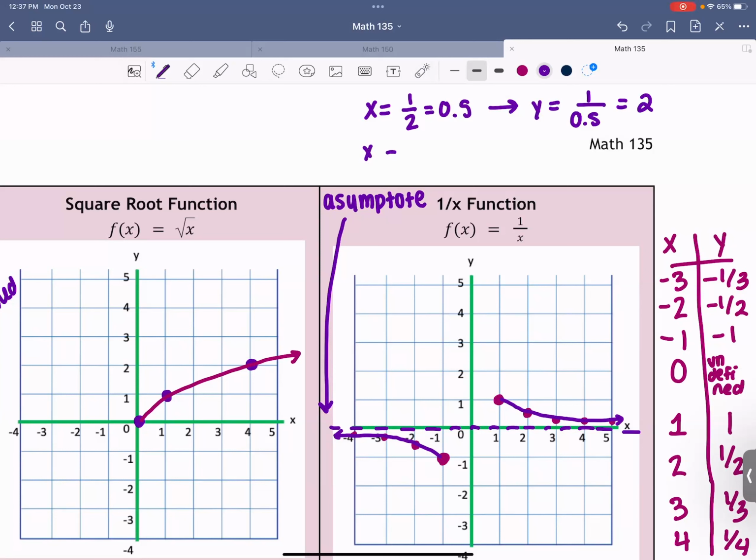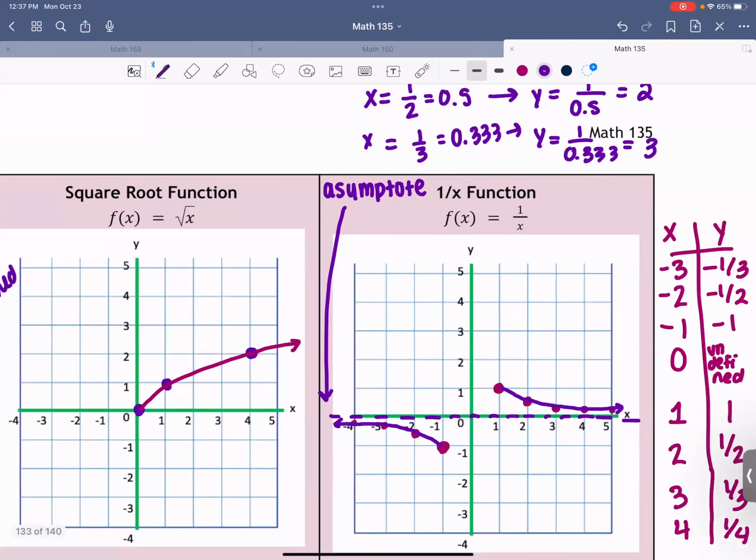And when x is 1/3, or 0.333, that means y is 1 over 0.333, which is, I think it's just 3, no? Yeah, it's just 3, right? And then when x is a fourth, it's 4, and when x is a fifth, it's 5.